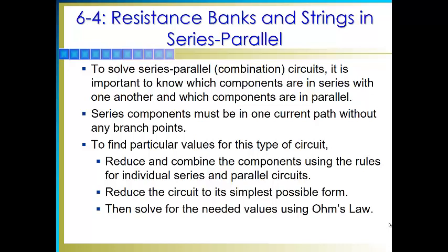And if we have components that are in parallel, we also need to reduce that to one component by finding the equivalent component. Reduce the circuit to its simplest possible form. By doing this reduction and combination of components, we will reduce the circuit to a very simple form in which we can apply Ohm's law to find the values that we need.